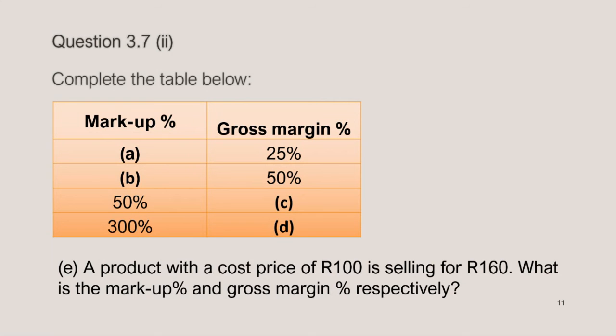Now, what is our gross margin? If our selling price percentage is 150, how do we work out our gross margin percentage?